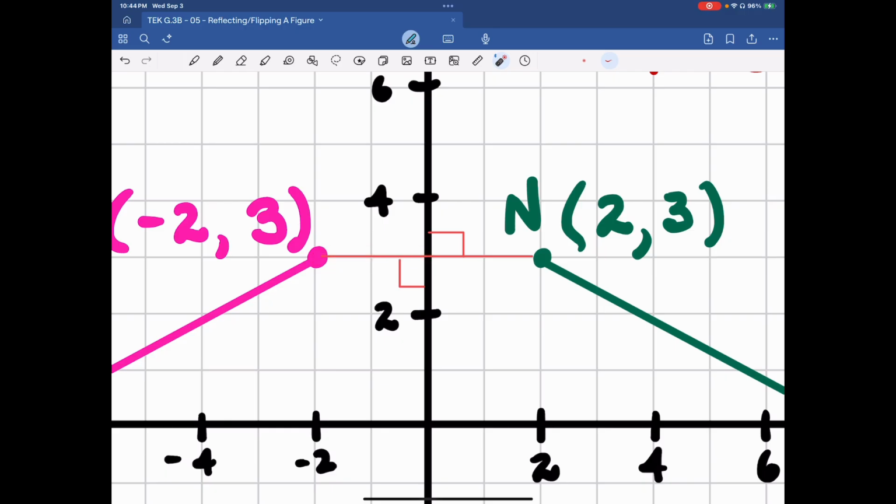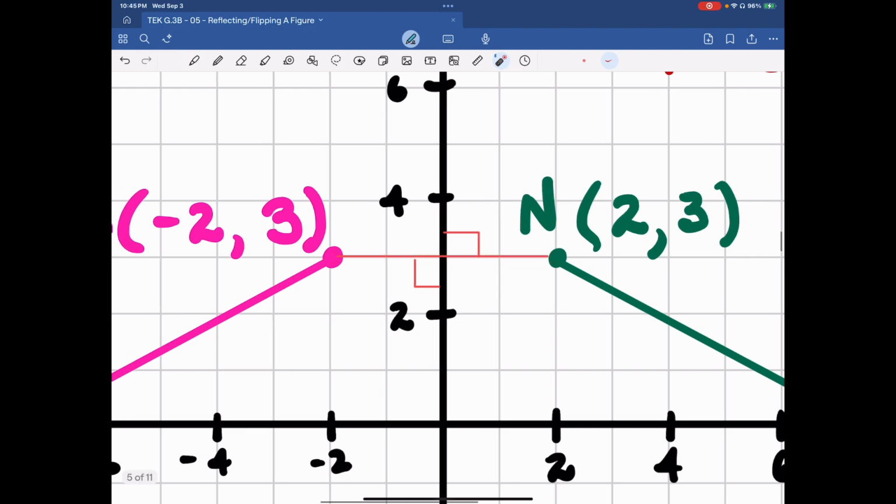It's 2 units. 1, 2. So how far do you think we're going to go over on this side? Of course, we have to go 2, because remember, this and this have to be congruent. So if this is 2 units, this is going to be 2 units.